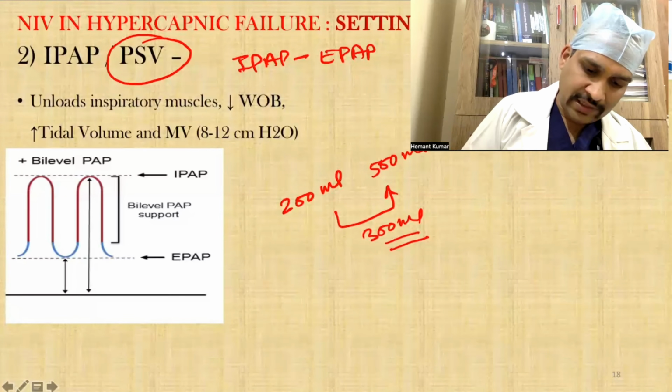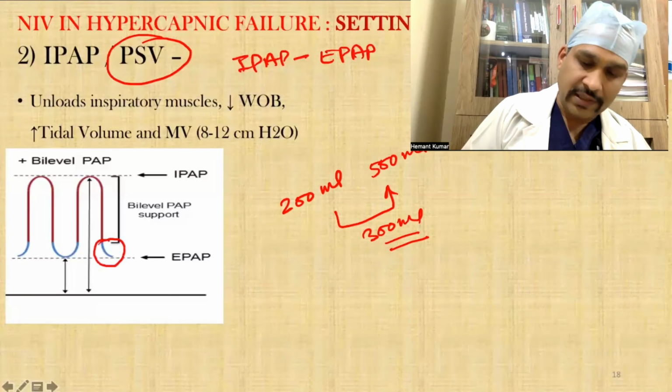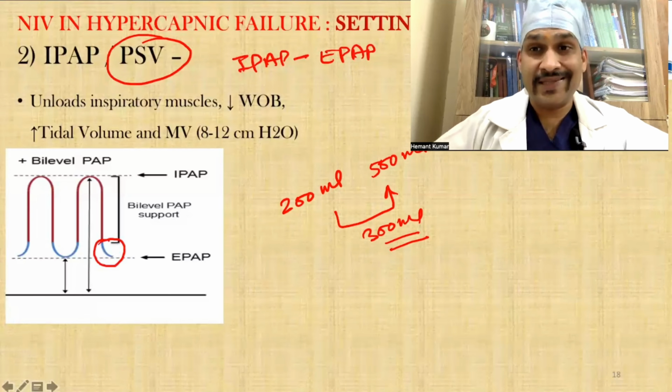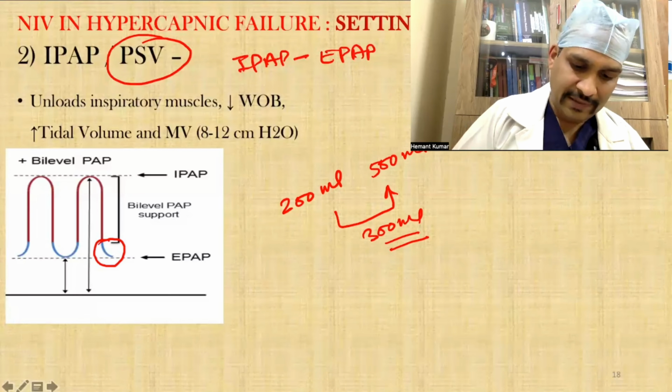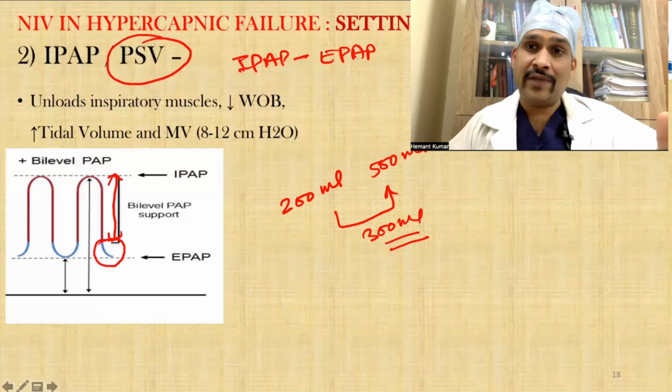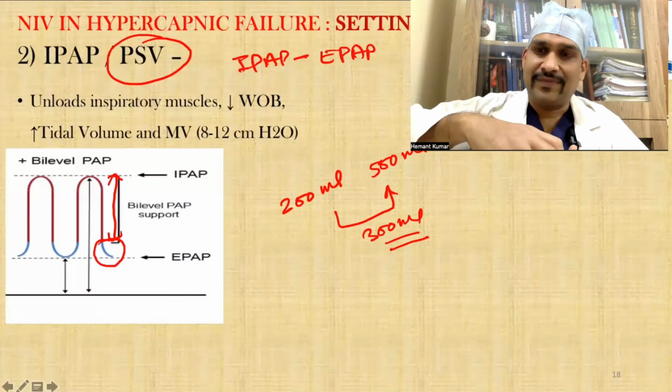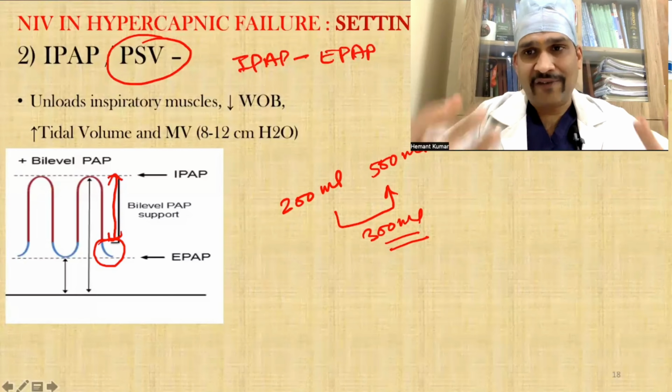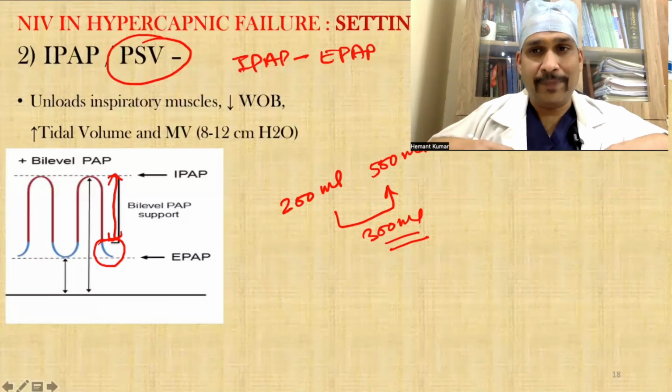So you can see this blue one is the tidal volume which the patient is generating, but this one is the support which is given by NIV. So the patient is taking 200 ml only, but NIV is giving 300 additional. So when the patient is getting enough tidal volume, what will happen?